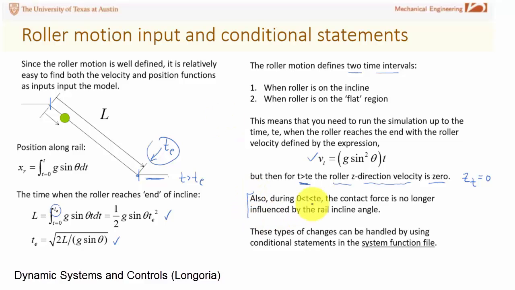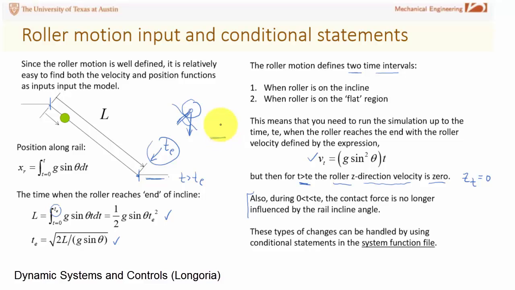The other reason that this is important, if you think about the contact force on the rail when you're on the incline here: the vertical force is in this direction, applied by the suspension, so the contact force is going to be at an angle.